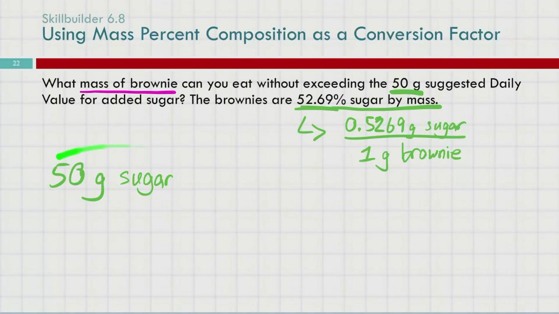So if we've got grams of sugar and grams of sugar is on top in our conversion factor, do we want to apply it as it's written or do we want to invert it so that it's 1 gram brownie over 0.5269 grams sugar? Which one do we want here? The left one in green or the right one in blue? We want the right one so that the grams of sugar cancel out.